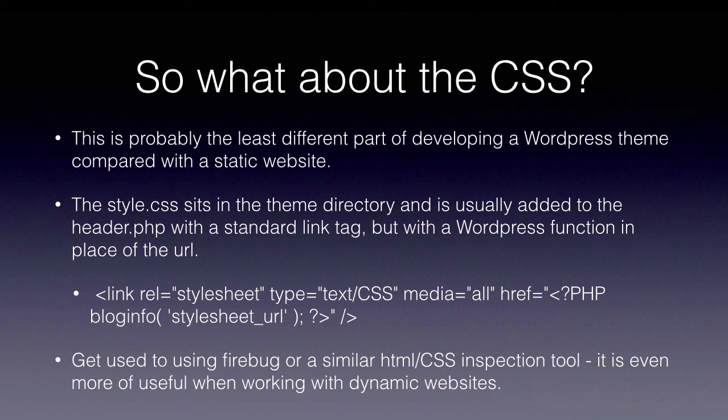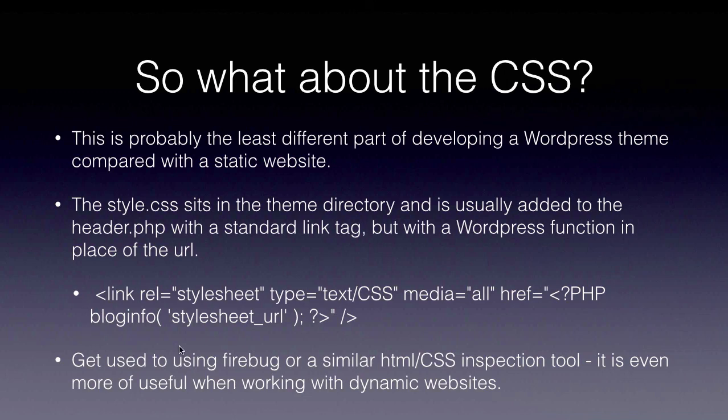The only real difference is that the way you link the style sheet can get a bit confusing, because your theme directory is in a subdirectory of the WordPress installation. Things like relatively pointing to different files can be a bit difficult in WordPress.